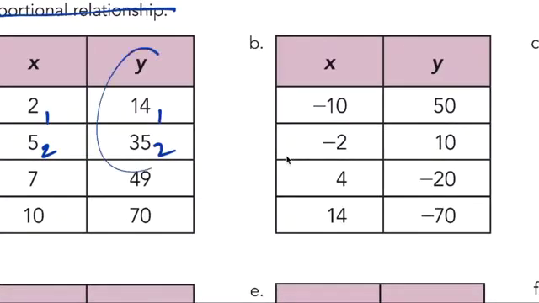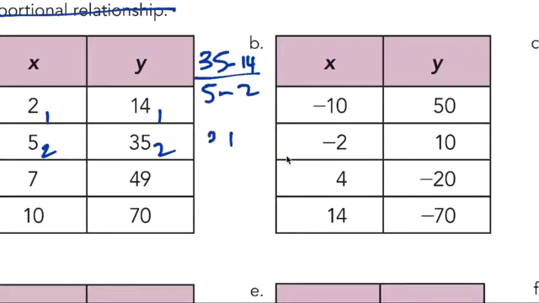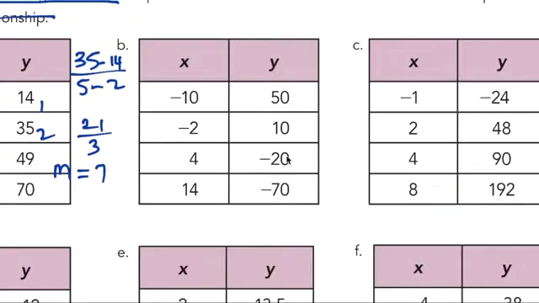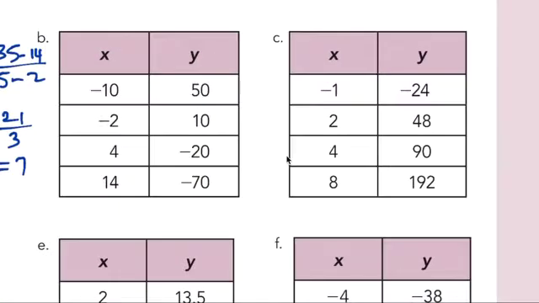So y first, it's y sub 2, so 35 minus 14 over, I need to see at least this work, okay, 5 minus 2. So that is 21 over 3, or the slope of 7. We need to put m in there, because m represents slope.